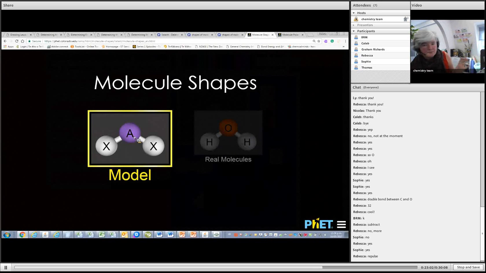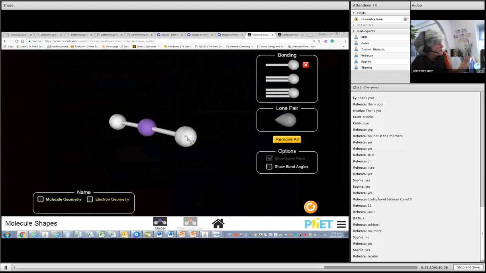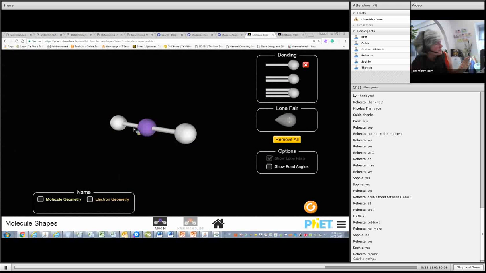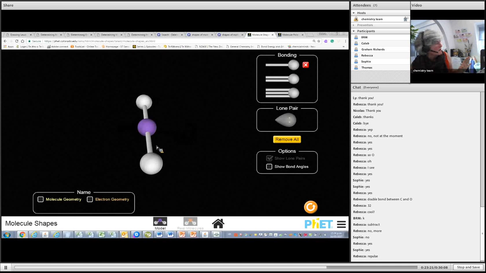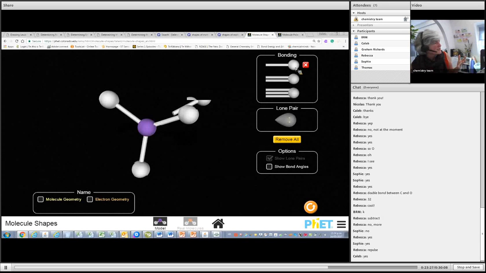This helps see the shape. So if I click, this is PhET, so it's also in your OTL thing, and it's quite nice because you can drag it around. And can you see, this is a region of negative charge as well as there. So if I try and bring this closer to the other one, they repel and they'll just go apart again. If I add another one, you can see it's a trigonal planar.